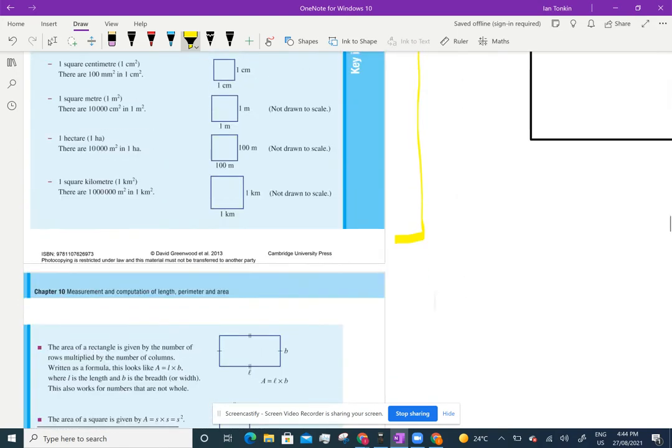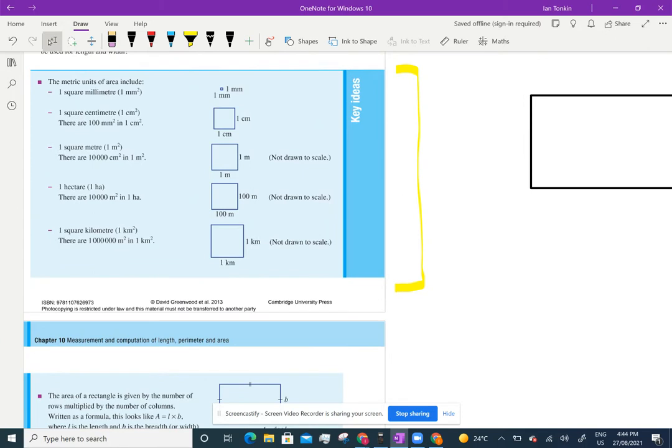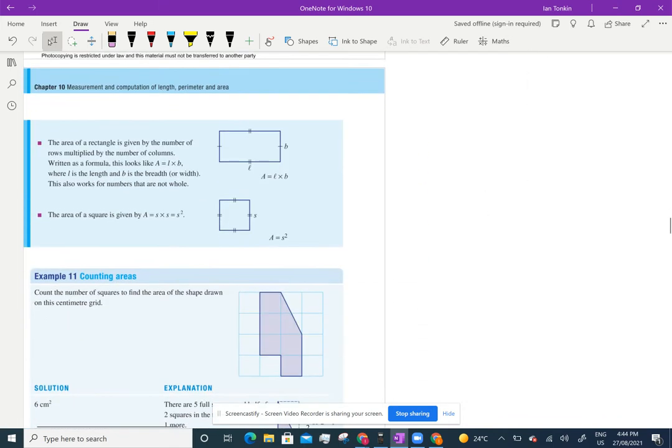You're better off converting the units, making them all the same before you start. So if you want to know the area in metres squared, put all your units in metres. If you want to know the area in kilometres squared, put all your units in kilometres before you begin. And the same with all the other distance units.